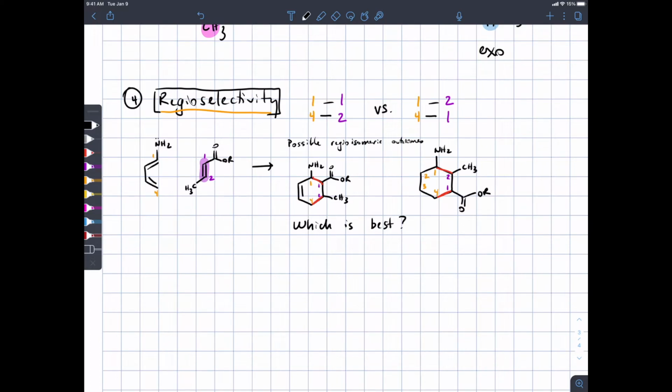Sometimes you might not be able to tell, but a classic example of a time where you might be able to tell is when we have an electron donating group on the diene and an electron withdrawing group on the olefin. And it just so happens that the amino group is an electron donating group.